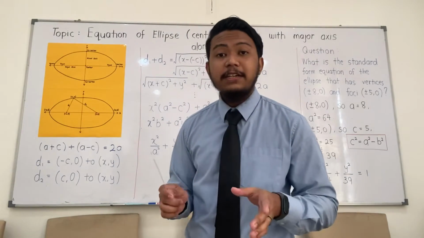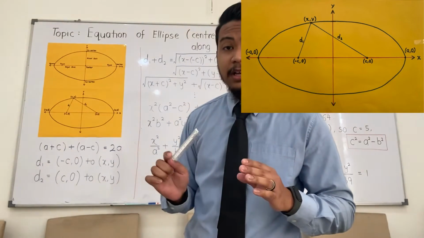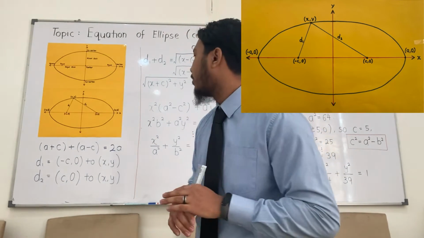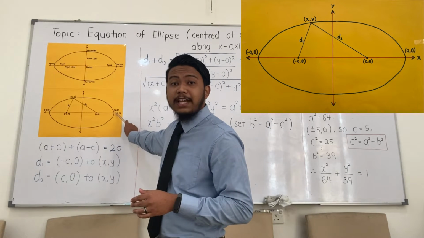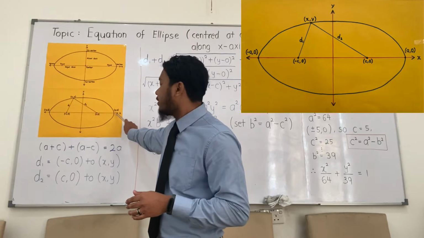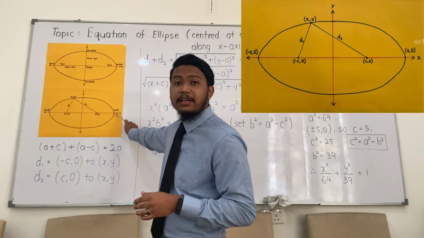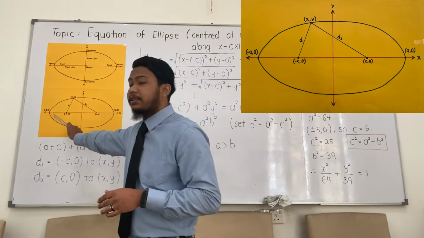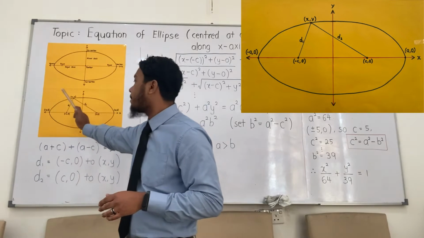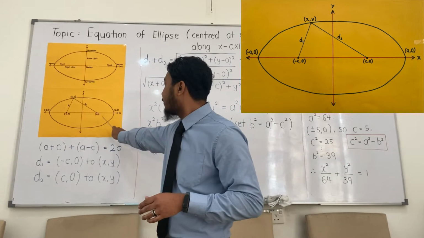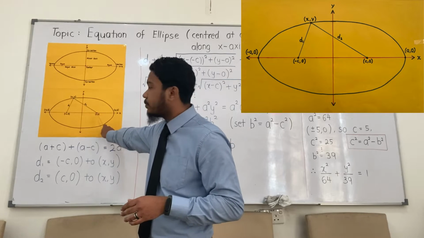As you can see from the second diagram, I have labeled some coordinates. First, the vertex on the right, I present the coordinate as (a, 0), on the left as (-a, 0). Then the focus on the right, the coordinate is (c, 0).